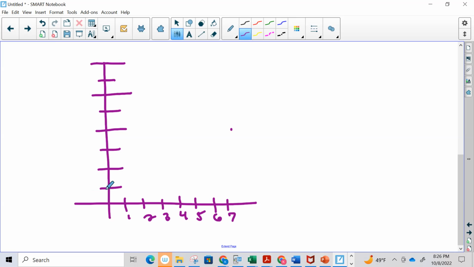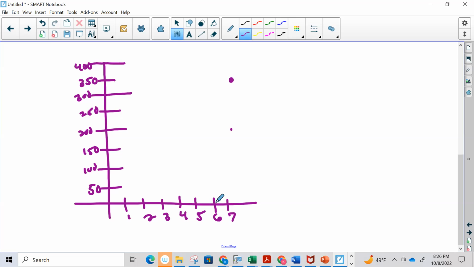So I'm going to go up by 50s. All right, so 343 is about here. 6 cubed.